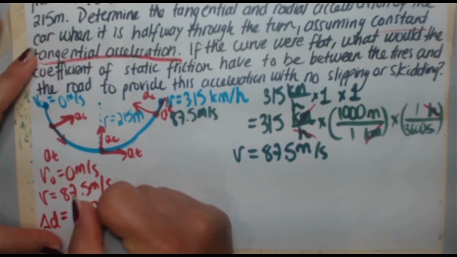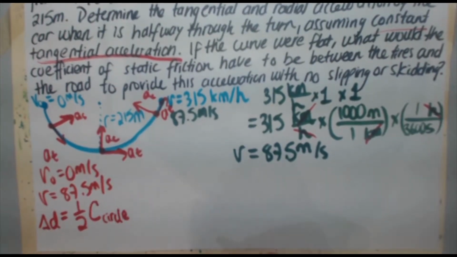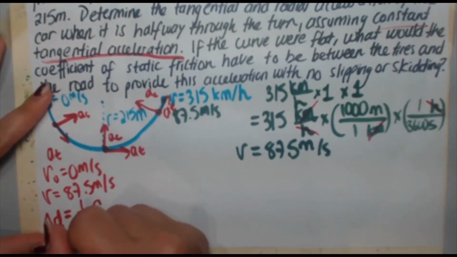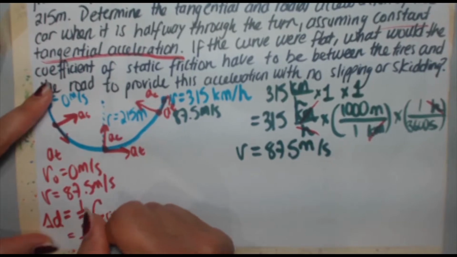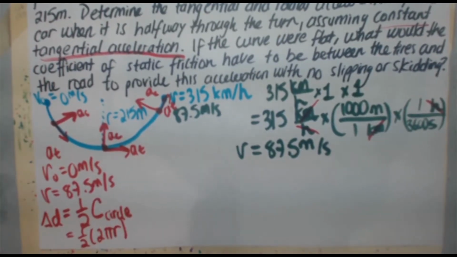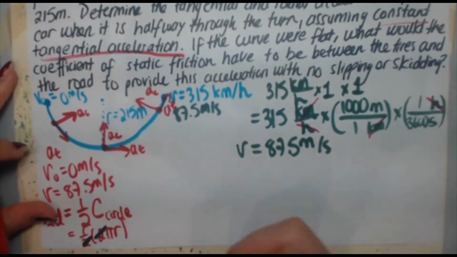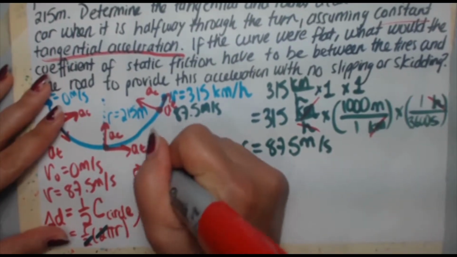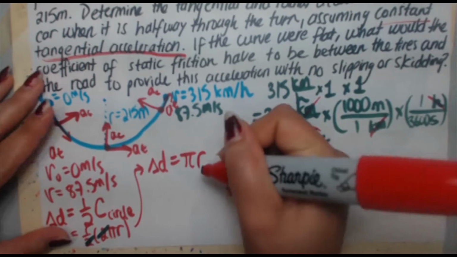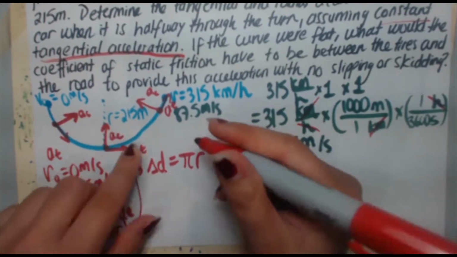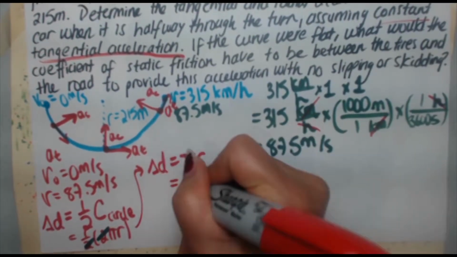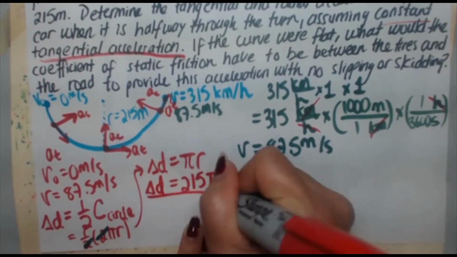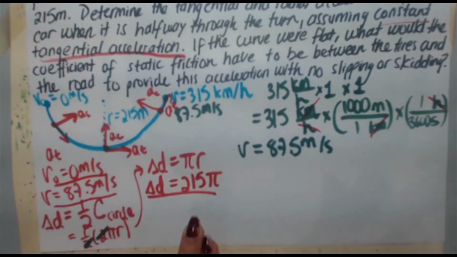Now, the circumference of a circle is 2 pi r, so we're looking at half of 2 pi r. If you multiply 2 by r by half, the 2's cancel, leaving you with pi r. So delta D equals pi r. Our radius of the curve is 215 meters, so this just becomes 215 pi. So there's your delta D, there's your V initial.